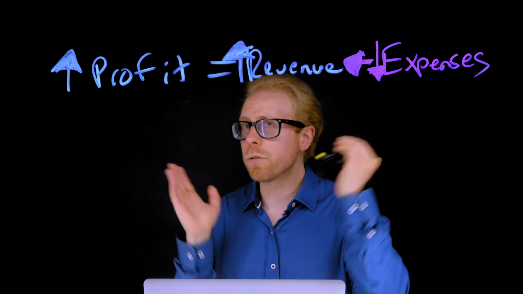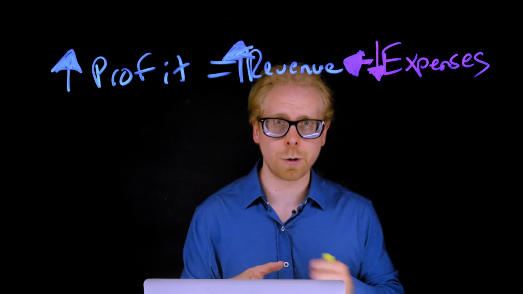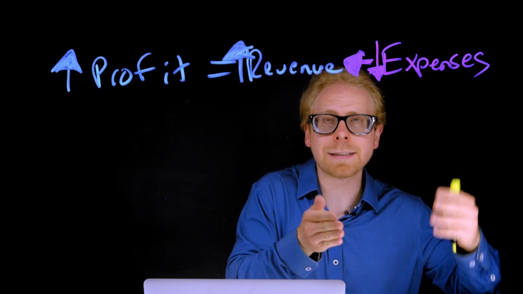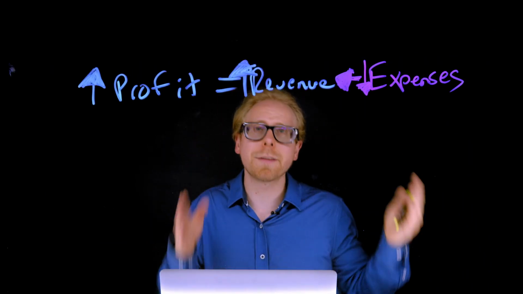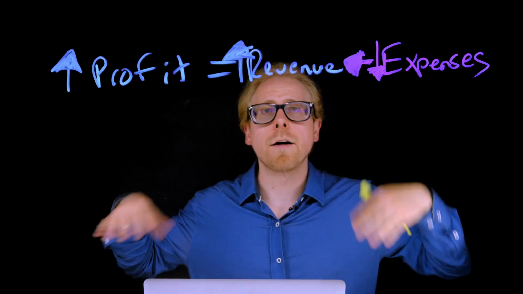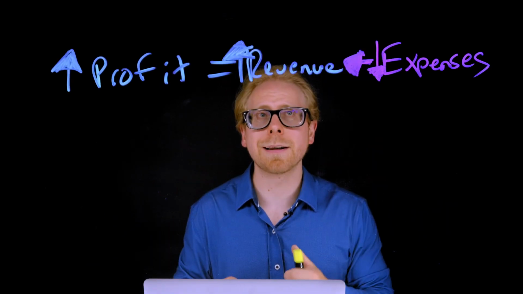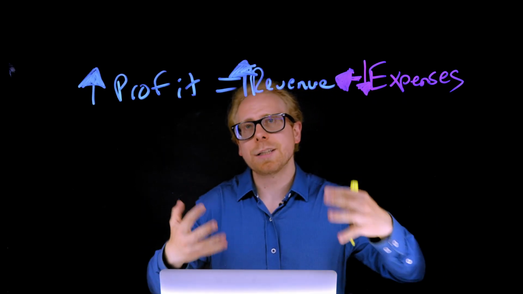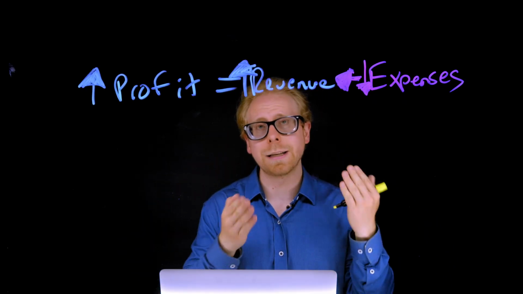The problem is most businesses don't actually operate that way. You and I both know that businesses typically spend money on things that don't drive revenue. Not all the things, but there's definitely a percentage of what our businesses are spending money on that don't actually move the needle. So when we are looking at making decisions in our business, we need to start there.